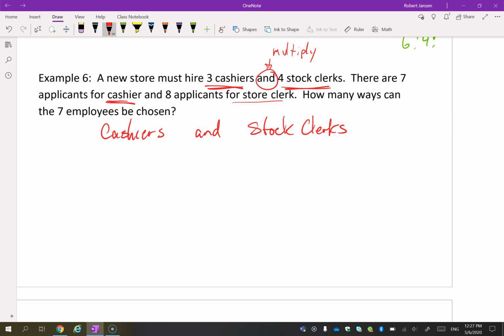How many ways can I choose a cashier? Well, 7 applied, and I'm supposed to hire 3. And means multiply. Stock clerks, there are 8, and I'm supposed to pick 4 of them. Choose 4. Doesn't matter what order again. So 7 choose 3, that's 35, times 8 choose 4.